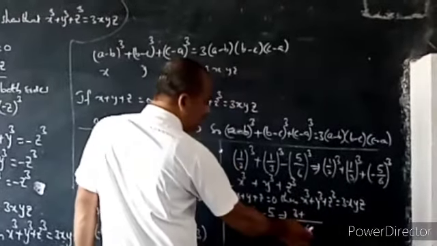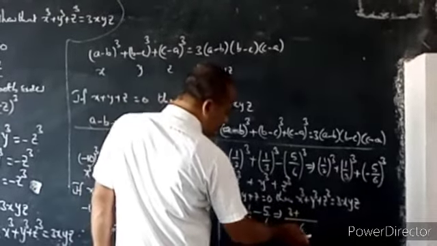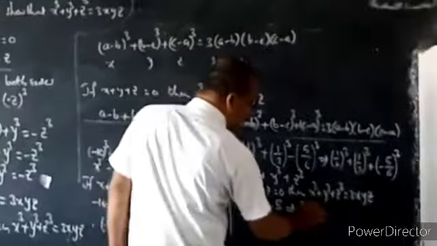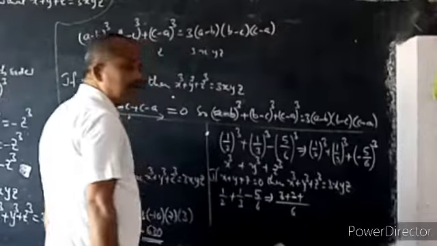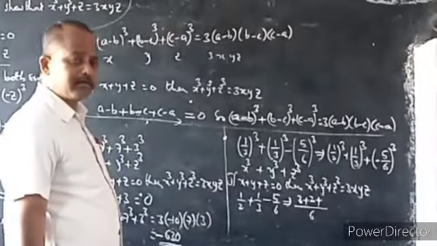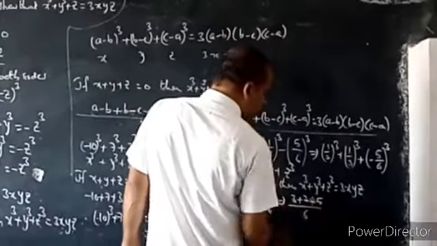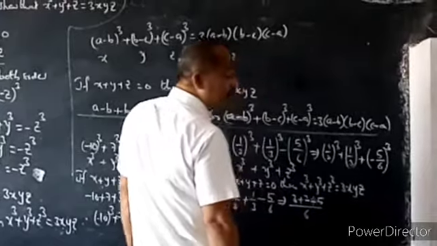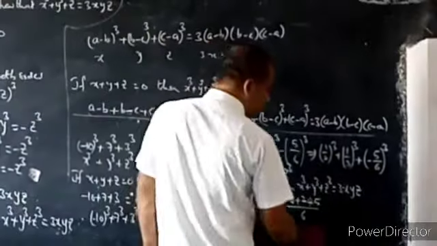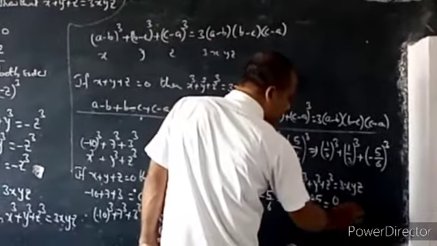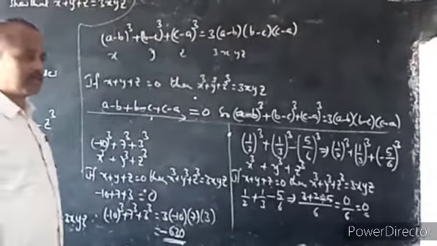Plus 3 divides 6, it gives 2. 2 into numerator 1, so 2 ones are 2. 6 divides 6, 1. 1 into 5, with the minus sign, so minus 5. 3 plus 2 is 5. 5 minus 5 is 0. 0 by 6 means 0 only. 0 by any number is 0.